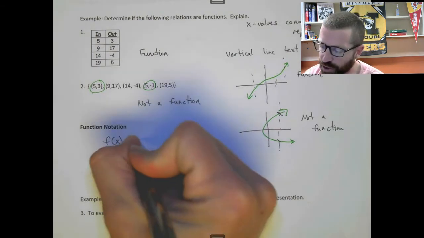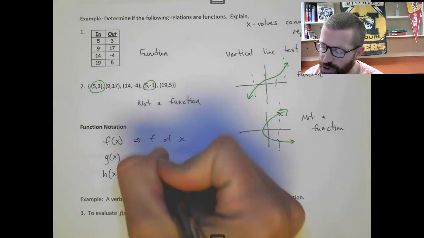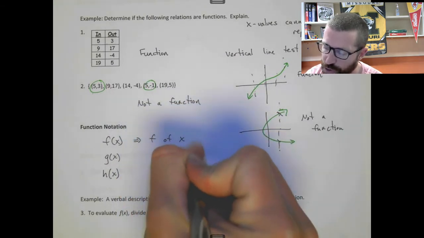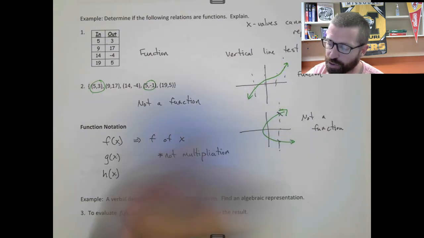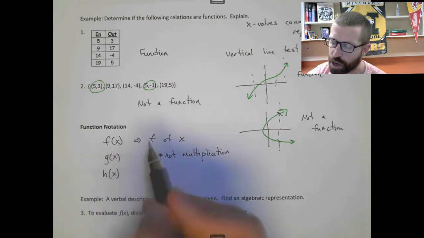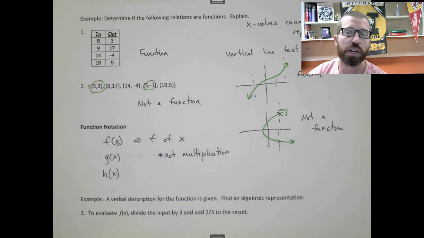The way you say this is F of X, and it is not multiplication. Which is very confusing because it looks like F times X, like we use parentheses for multiplication, but it's not true. Whatever value is here is what the function is in terms of, or you can think of it as what is being plugged into the function. It's the input.